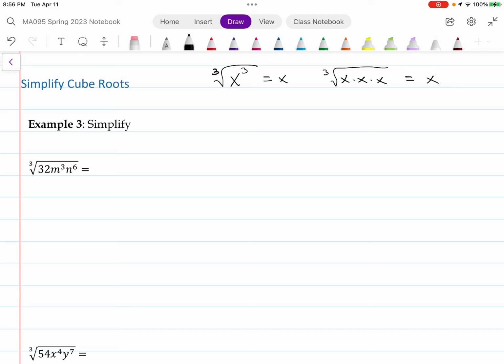So what if I had 4 x's? If I had the cube root of x to the 4th, I would have the cube root of x times x times x times x, right? So every time I have a set of 3, or x cubed, that together will become x when I take it out. But I'll still have this left over, and it's still the cube root of that. So x times the cube root of x is what that would be.